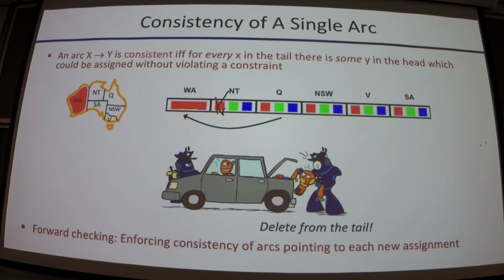Forward checking enforces consistency of arcs that are pointing to each new assignment. That's, conceptually speaking, what forward checking was doing when we talk about this notion of arc consistency. It was enforcing consistency of arcs that point to the assignment. But we can look at arcs between two variables that aren't assigned.